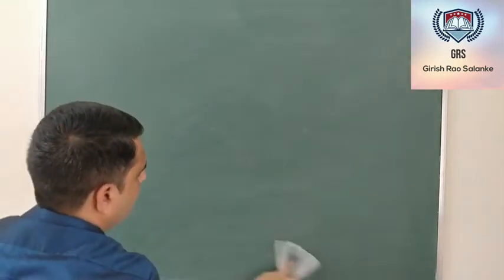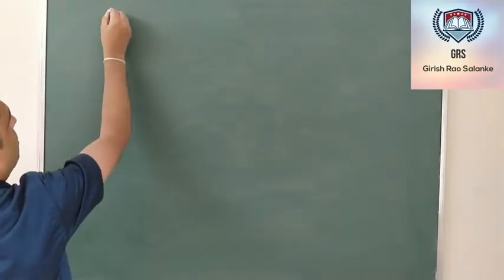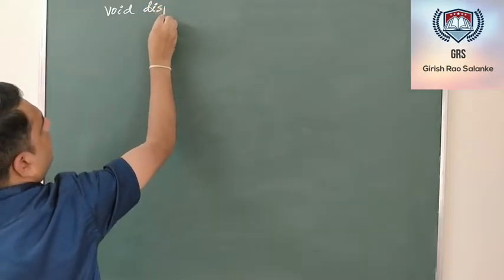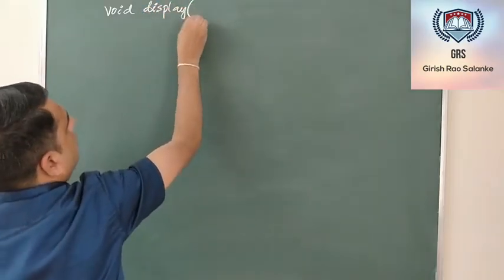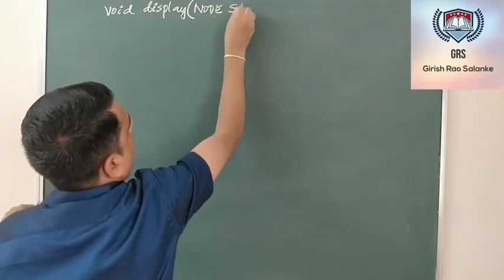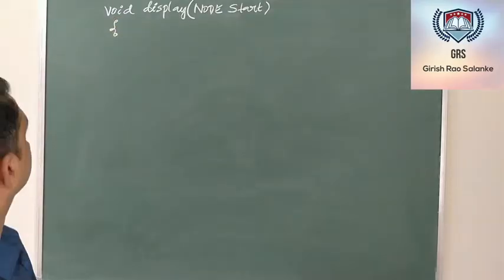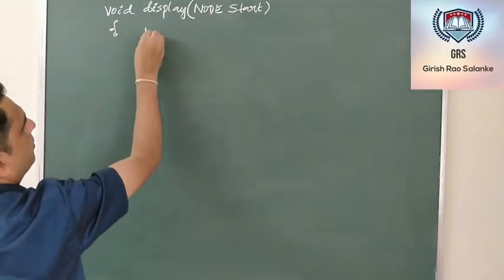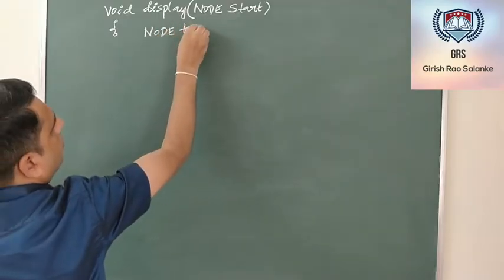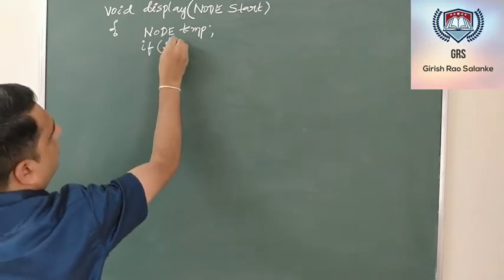So now what we have done is we have created a doubly linked list. Let me write the code to display the content of the doubly linked list. The argument is the reference of my list, which is node start, and node temp. If start is null, it implies that the list is not there.